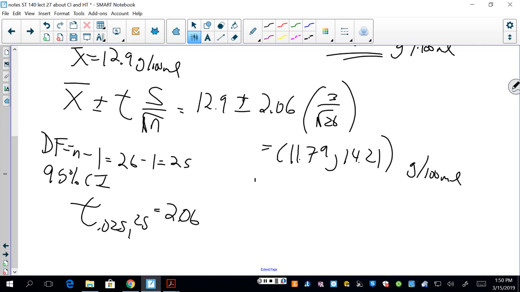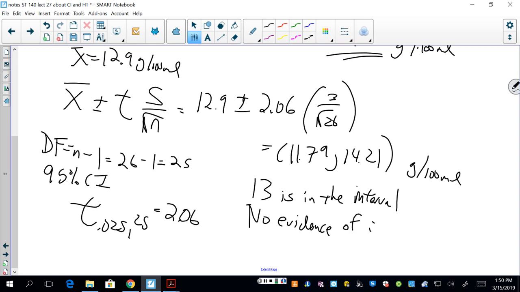So 13 is in the interval. No evidence, really, in this case, of iron deficiency. On average, on these 26 infants, they came out pretty close to 13, and so no problem.